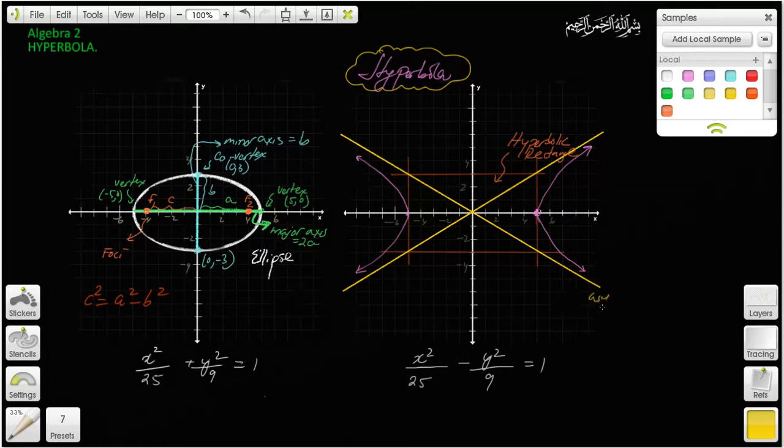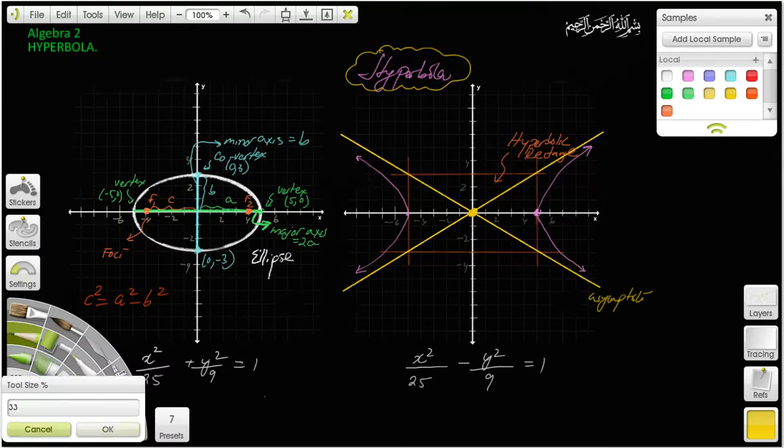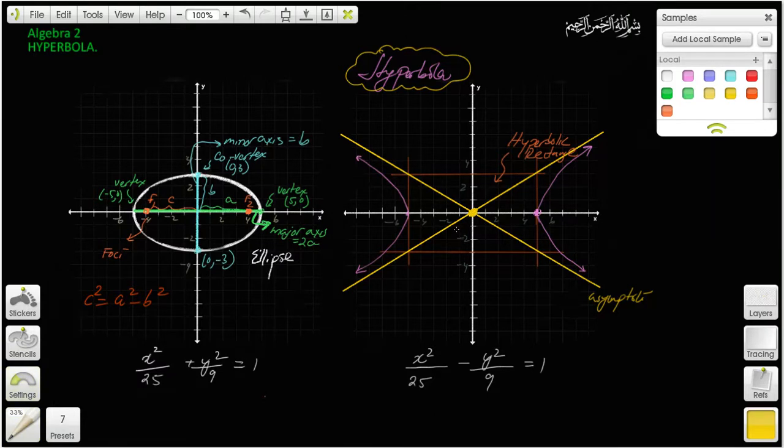So here's an asymptote, and then here's the other asymptote over there. And the center of these two, we're going to call that right here, that's the center. Okay, so the center for us is the pseudovertex. Okay, the center is the pseudovertex.